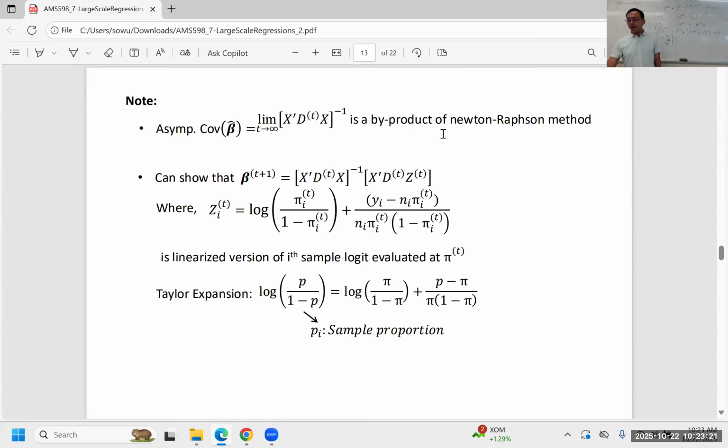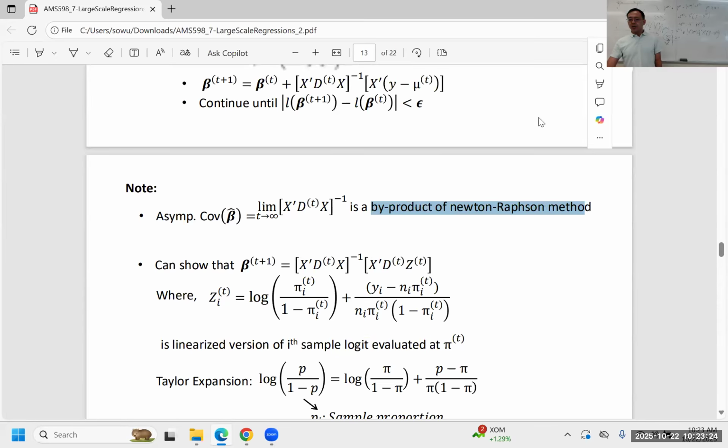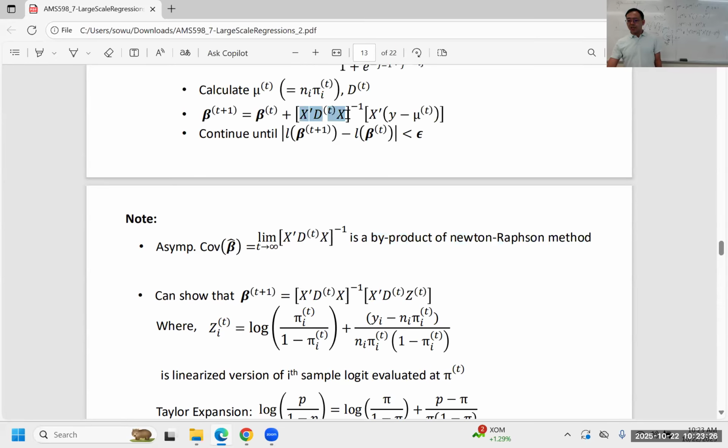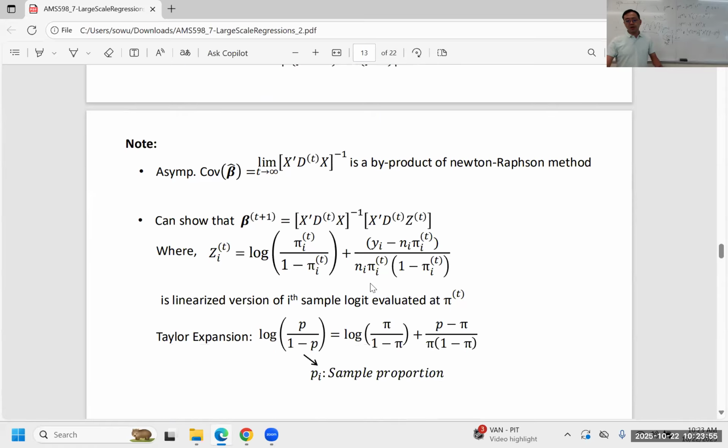This is actually a byproduct of the Newton method, because when you want to update beta t, you already have this value calculated. In other words, the covariance, or the variance, of this beta hat has already been computed in the algorithm. So it's kind of like a free lunch. In order to get beta t, you have to calculate this thing, and if you have this calculation, you already have it. So you are not just making a point estimation, you already have the variance part as well. That's kind of nice.